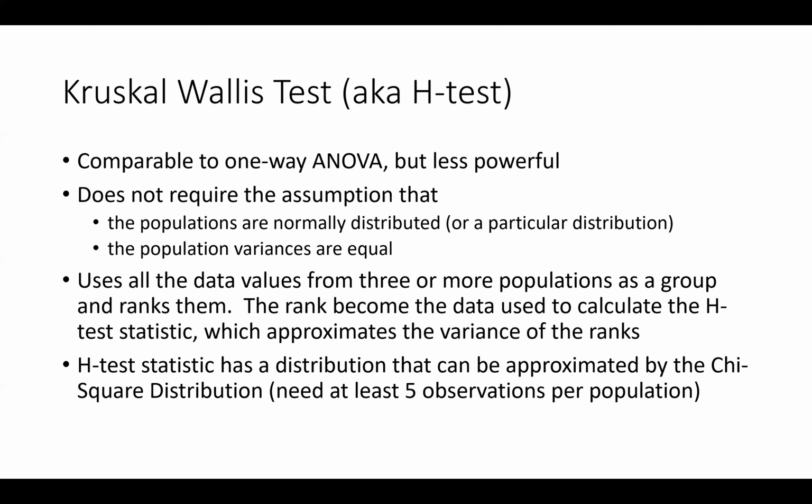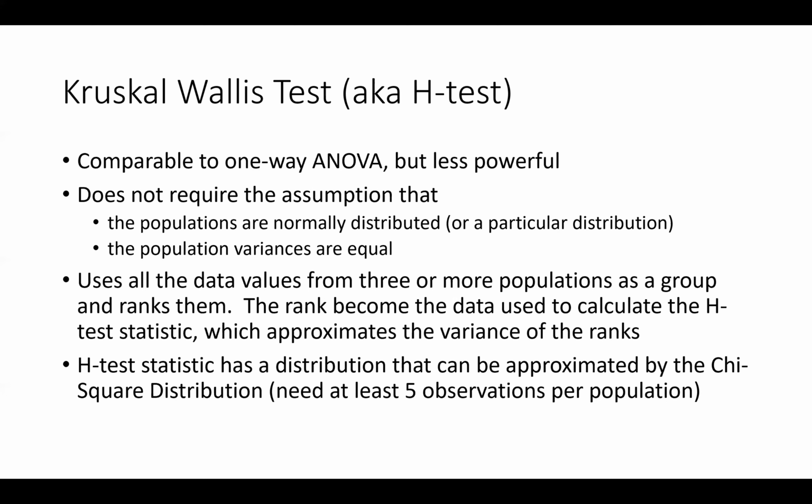We rank them, and that rank actually becomes the data, the numbers that we use to calculate our H test statistic, which approximates the variance, the differences within those ranks. So it's a little bit different. It's very similar to the Wilcoxon signed rank, where the data again is ranked based on where it is in the list.